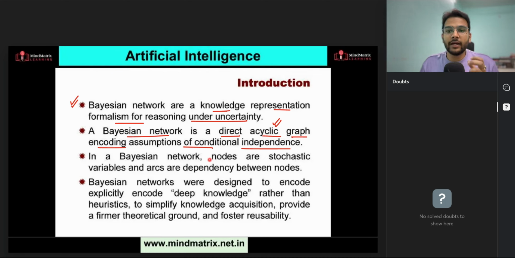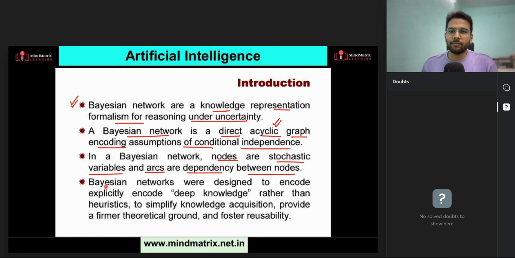In a Bayesian network, nodes are stochastic variables. What are stochastic variables? Stochastic variables are nothing but the random variables that we have, right? So all the nodes in the Bayesian network are going to be random variables only. And arcs, that means the edges between the nodes, represent the dependency between the nodes.